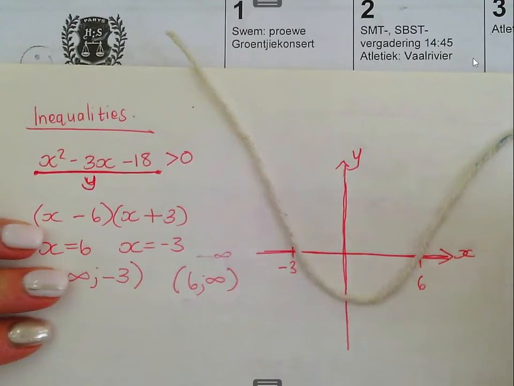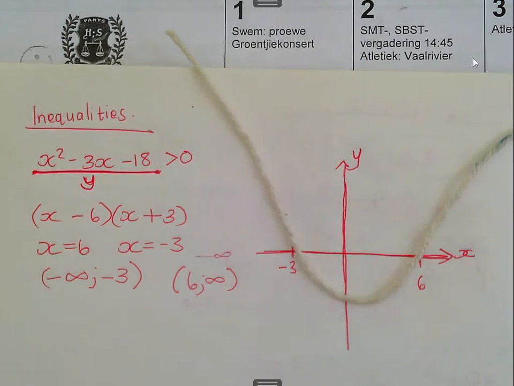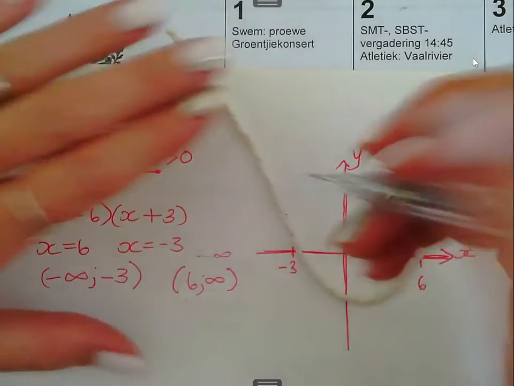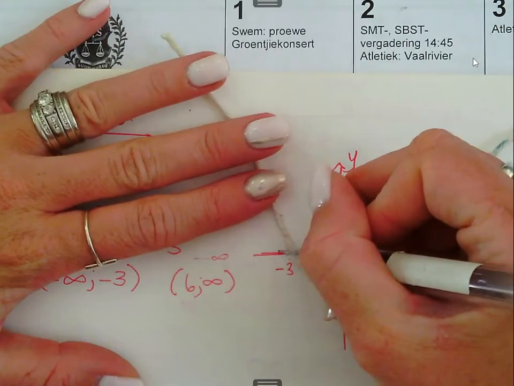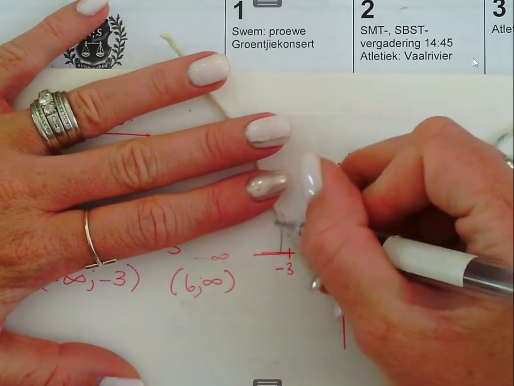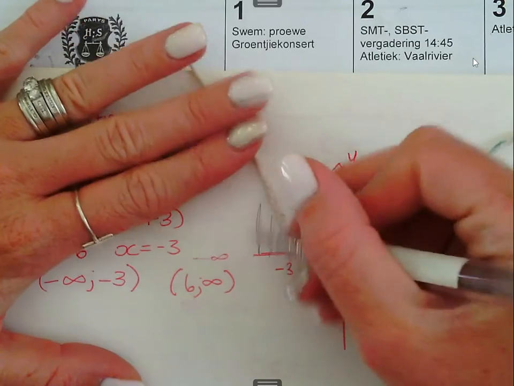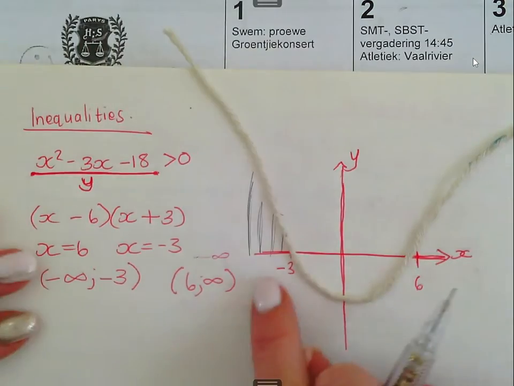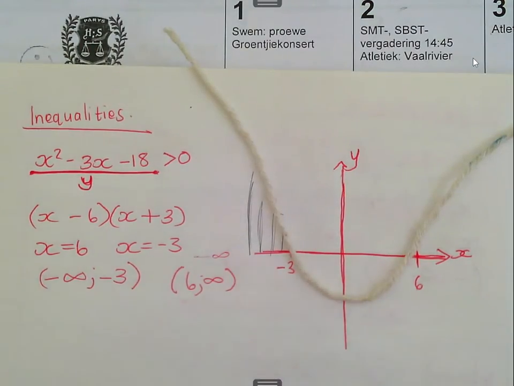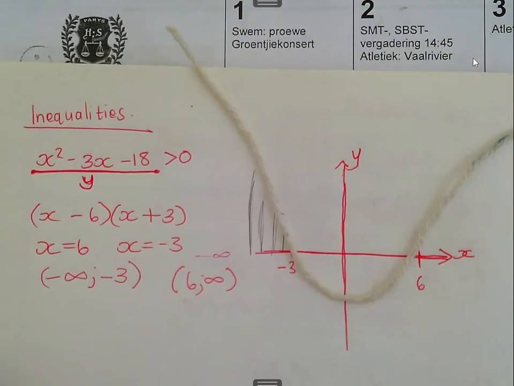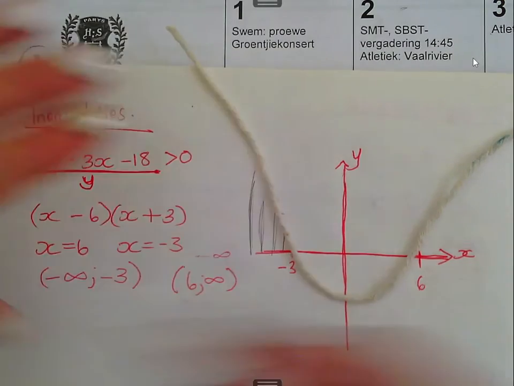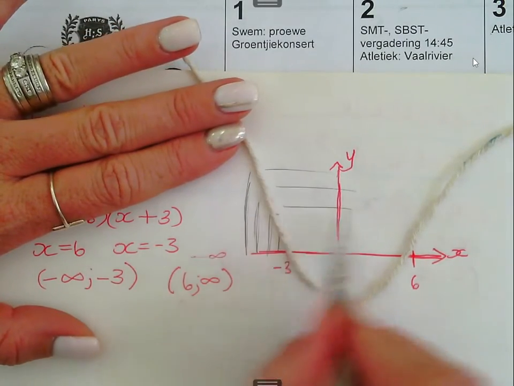Now look here. I'm going to explain it to you again what I'm saying. If you take any value smaller than negative 3 and you put it in the place of x, you use it as an input, it would result in a positive answer.